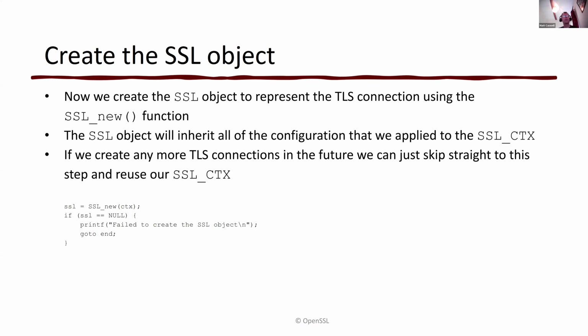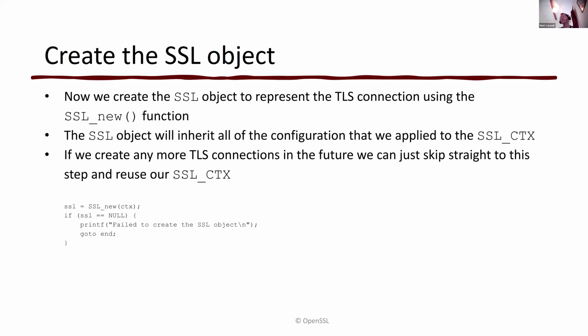So to create the SSL object, we call this function SSL_new, and it just takes one argument, which is the SSL_CTX that we created earlier. There's the code at the bottom of the screen.